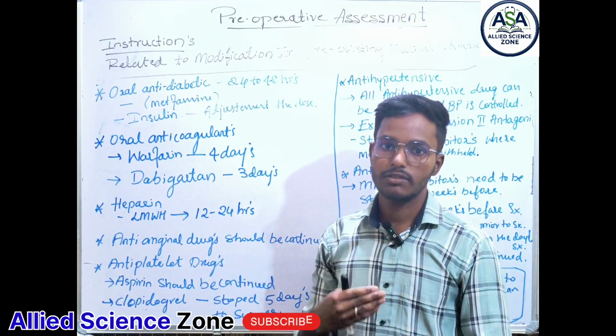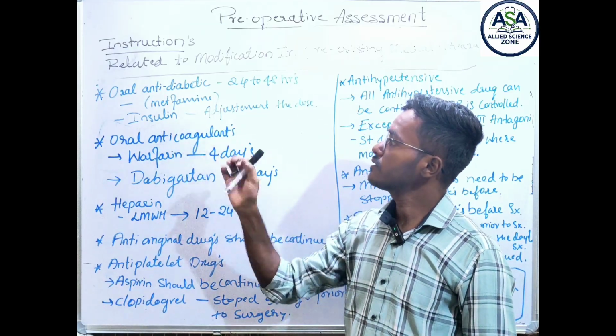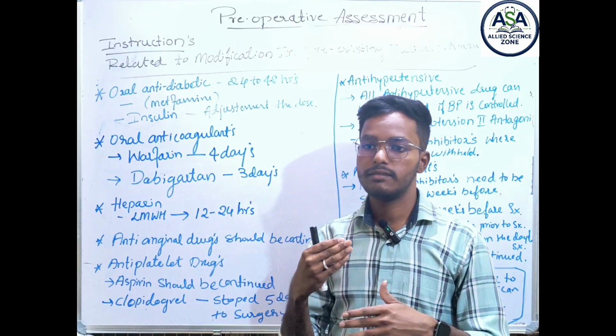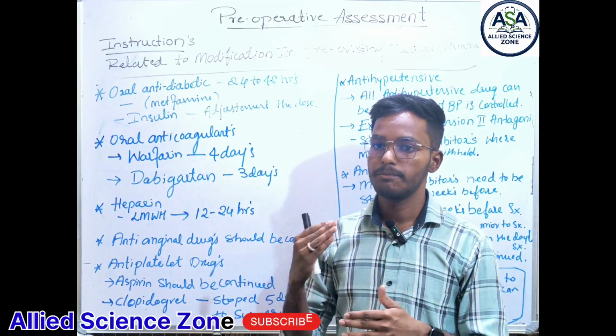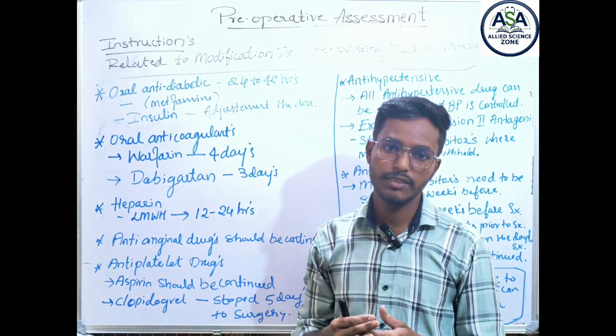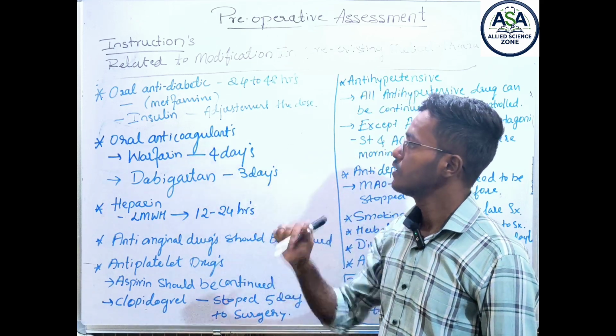And insulin is adjusted by dose. Insulin should not be stopped. You adjust the dose based on the patient's random blood sugar and HbA1c. All these are considered, then only adjust the insulin dose.